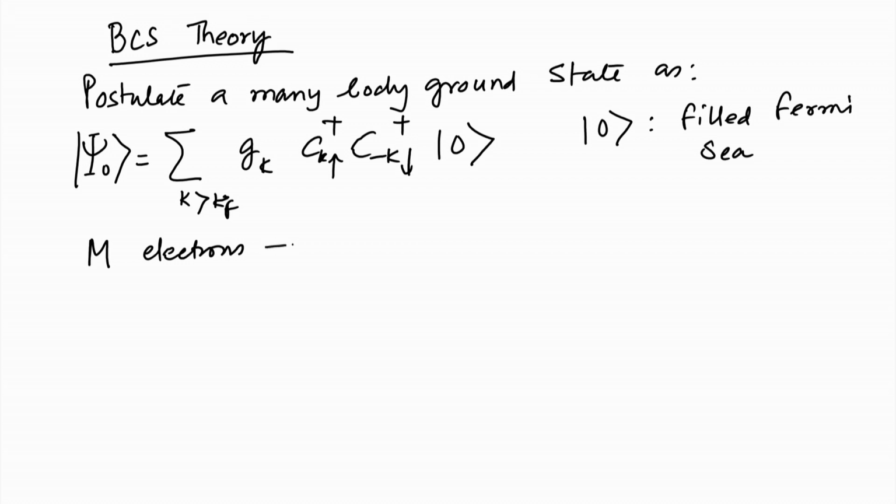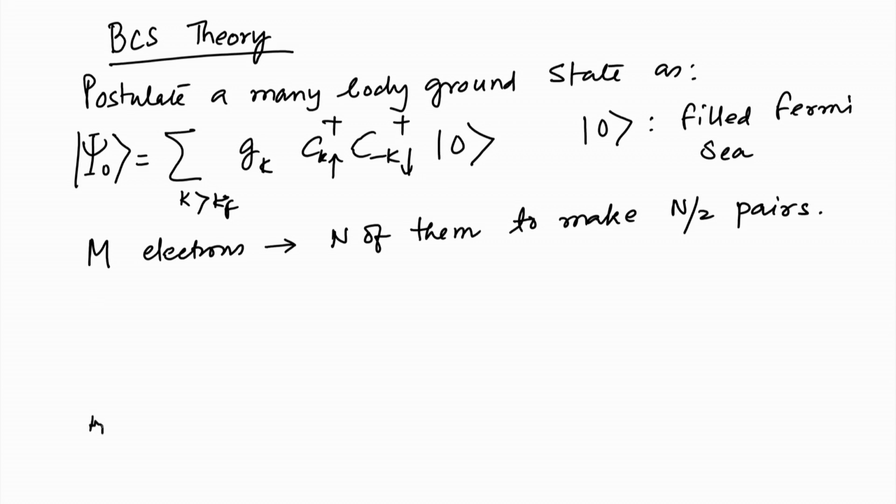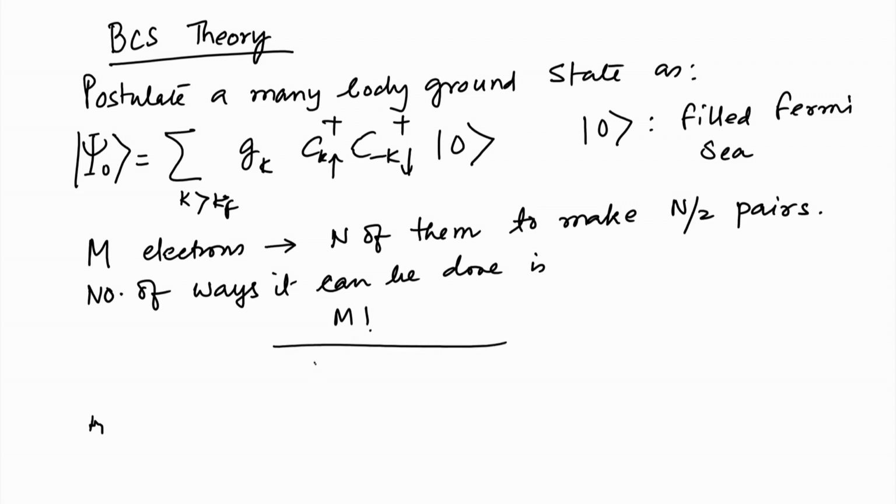and we want to choose n of them to make n by 2 pairs, and the number of ways it can be done is m factorial divided by (m minus n by 2) factorial and n by 2 factorial.